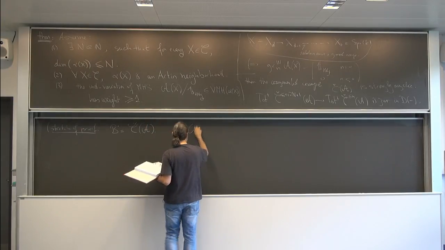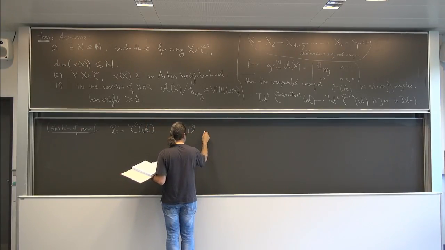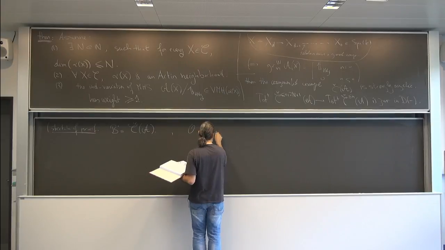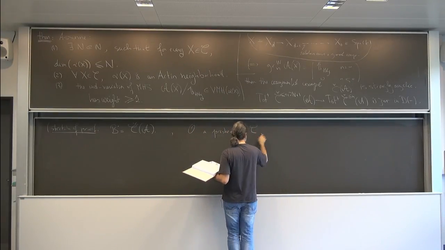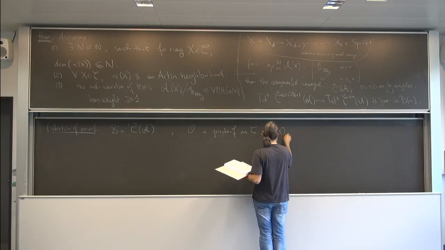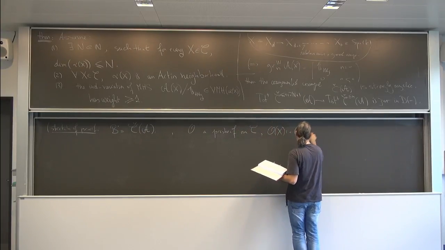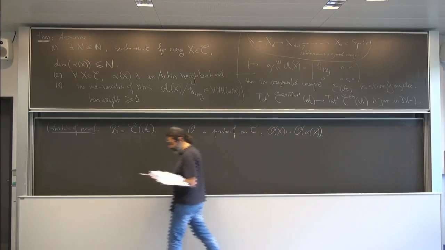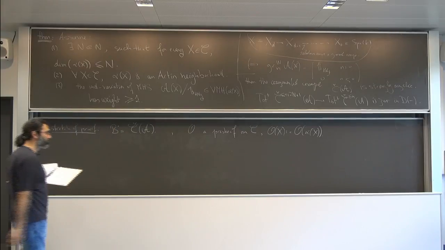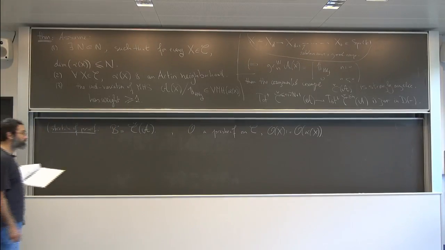So we have O, this is a pre-sheaf on C given by O of X, O of alpha X. Now the alpha X are affine, so this is just the coordinate ring of X.